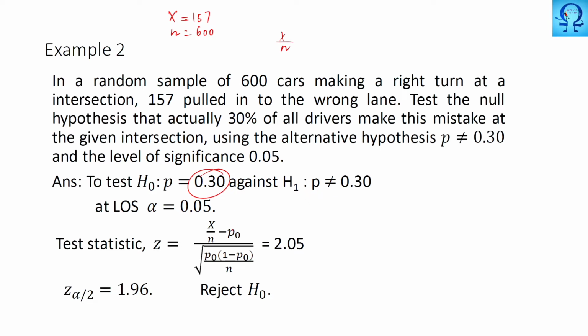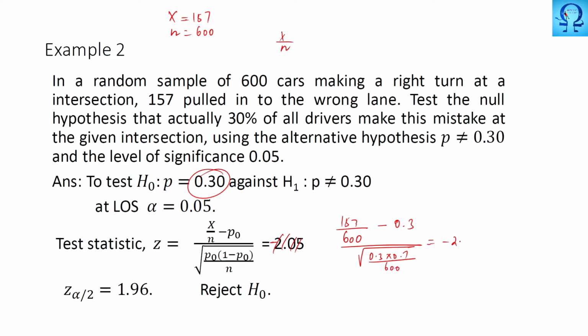We just substitute the given values into it, and actually this should be minus 2.05. So basically the calculation would be 157 upon 600 minus 0.3, divided by under root 0.3 times 0.7 upon 600.